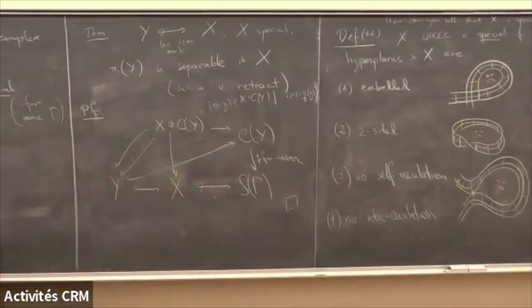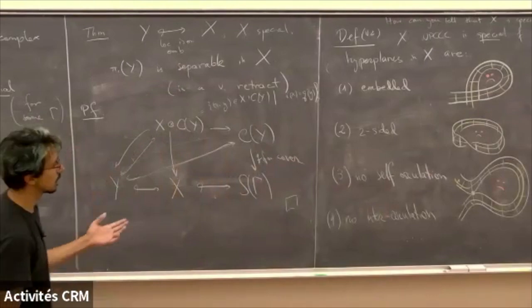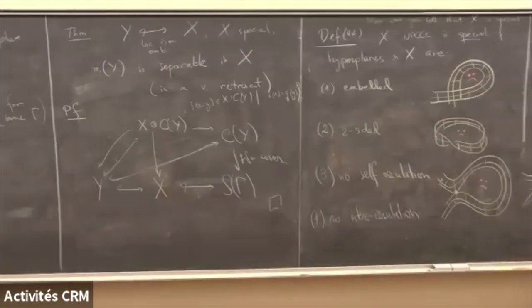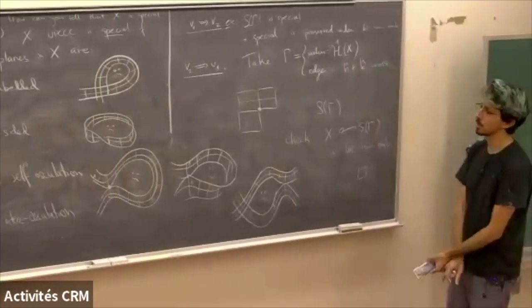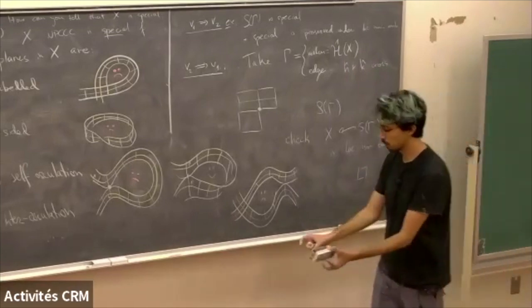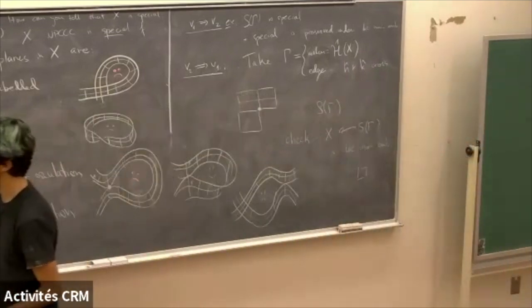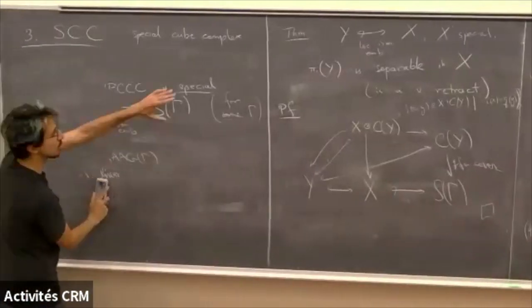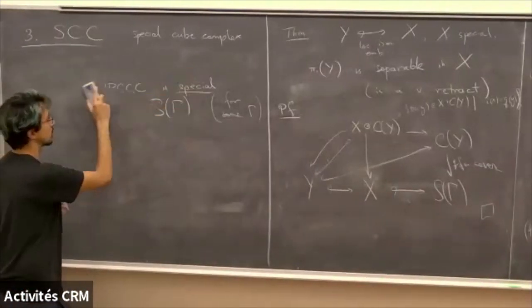So maybe definition version 3 is that you're special if hyperplane stabilizers are separable and also the product of two hyperplane stabilizers is also separable. So in a sense, this is an if and only if.